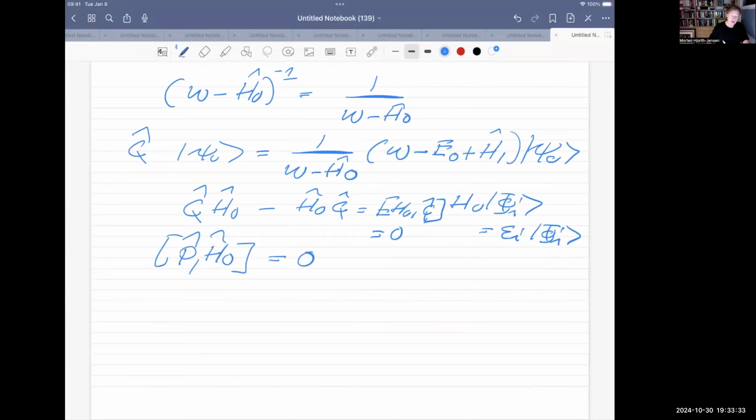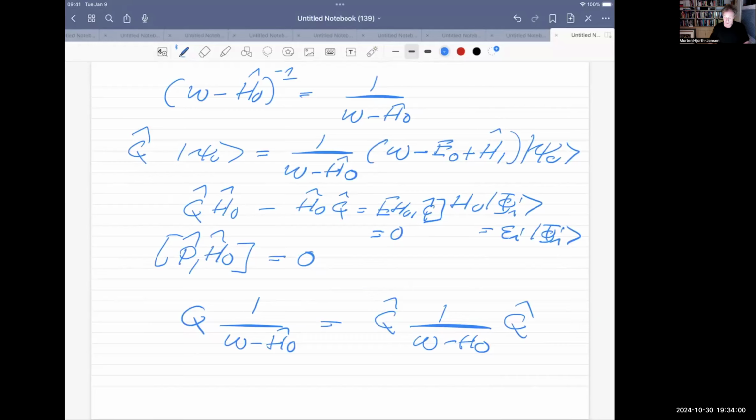So that means if I now were to Taylor expand this quantity here, then I have to multiply this quantity H0 with Q. So I can actually rewrite this one in terms of Q multiplied with omega minus H0, which is actually the same as Q of 1 over omega minus H0 times Q. But we know that Q squared is equal to Q, and we often just rewrite this one as Q divided by omega minus H0.